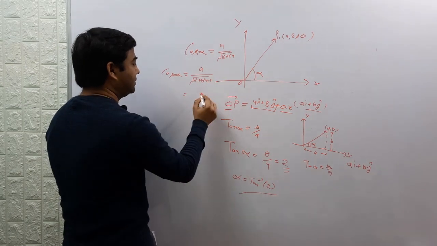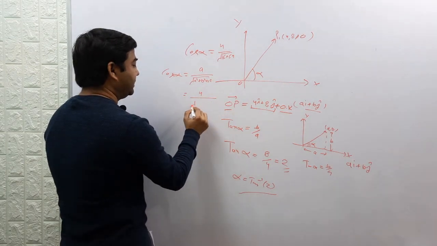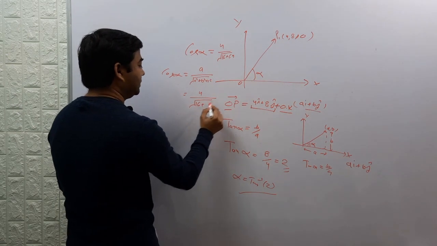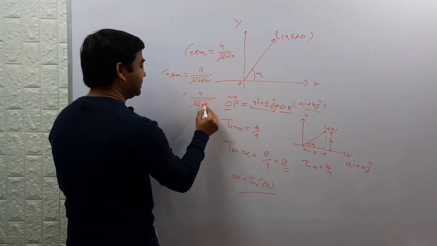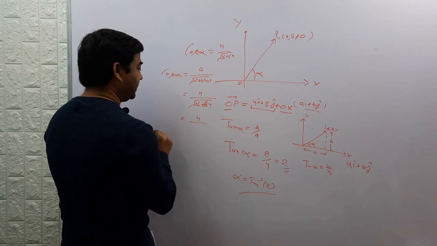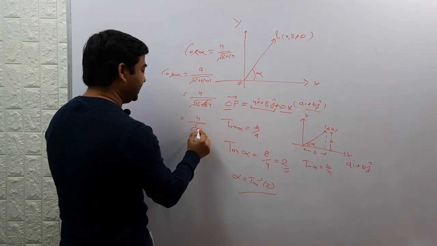Here A is 4, and under root of 4 square, 16, plus 8 square, 64. So this will be 4 divided by under root 80.